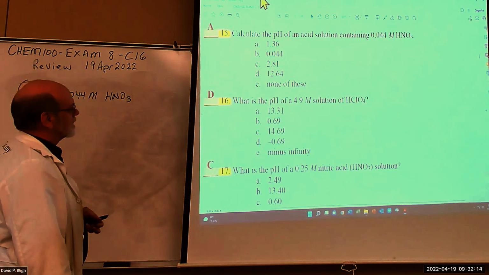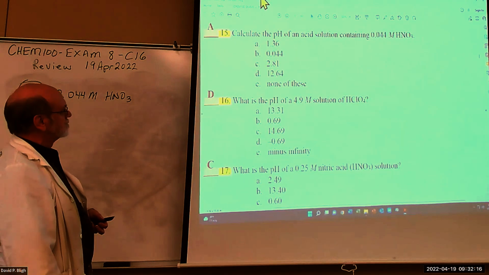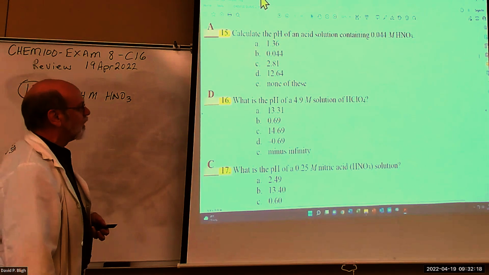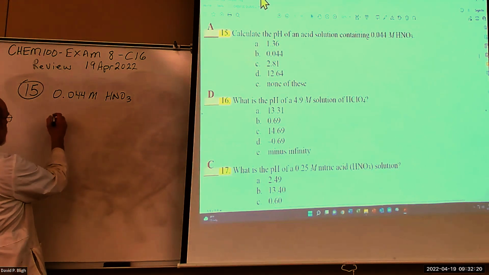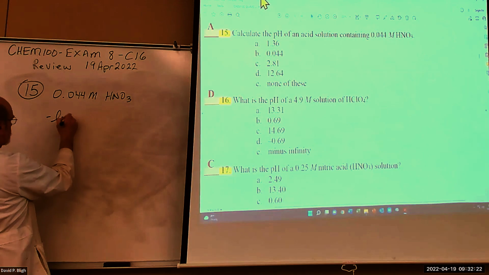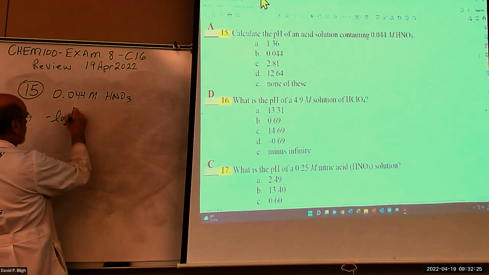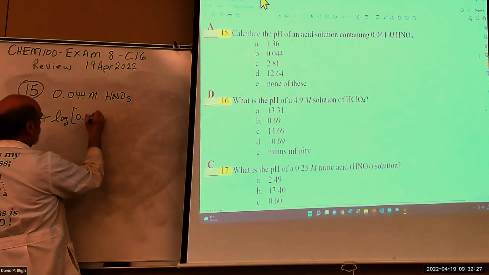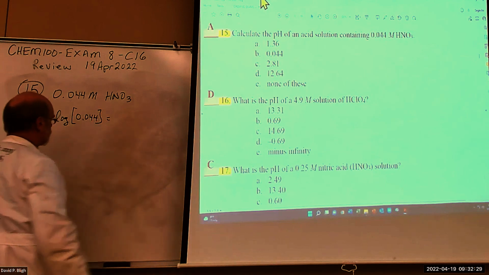What is actually the pH of 0.044 molar HNO3? So let's just do the calculation. Negative log of 0.044 and just see what we get.